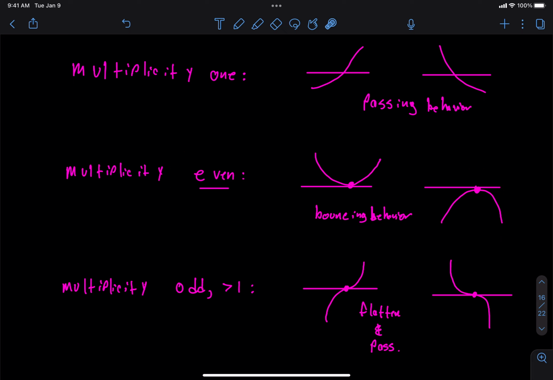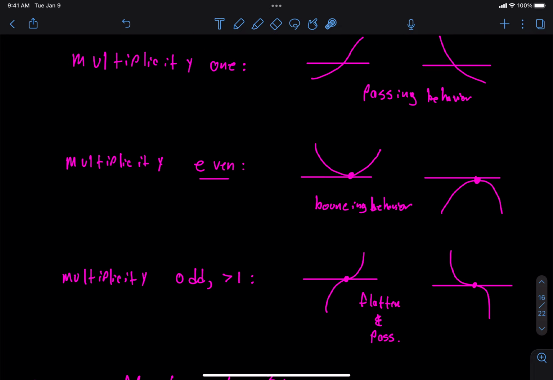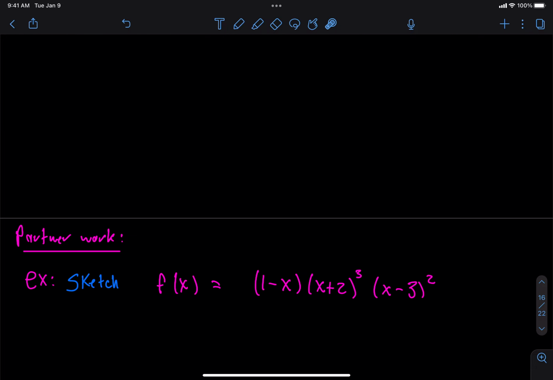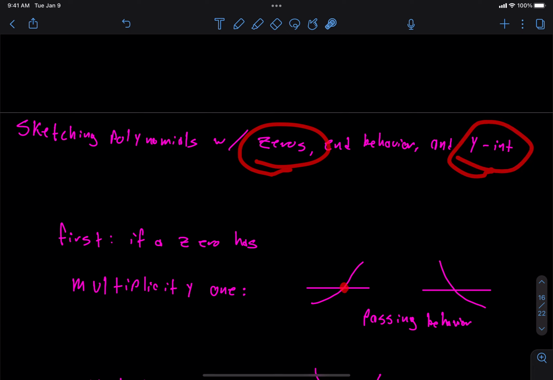Let's see one more thing here. The other thing I want to say is that other than the zeros, which is where the function touches the x-axis, another useful thing for graphing a polynomial is the y-intercept, where it touches the y-axis.